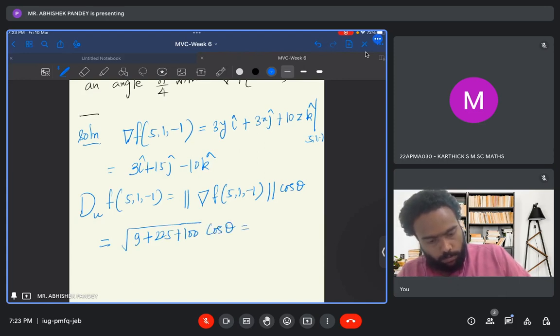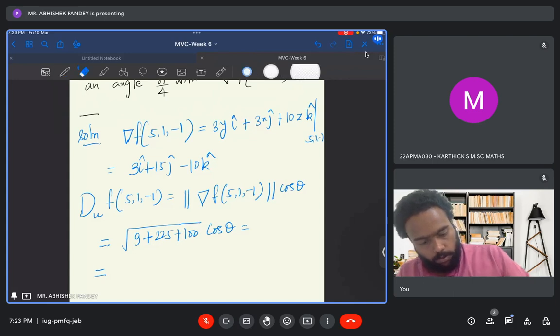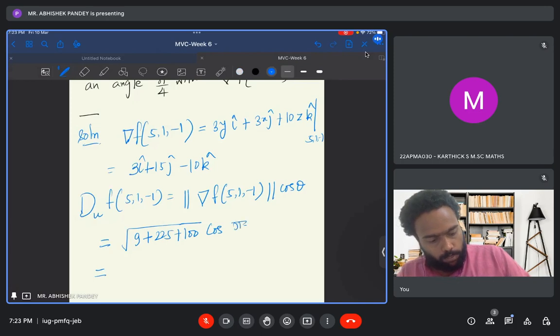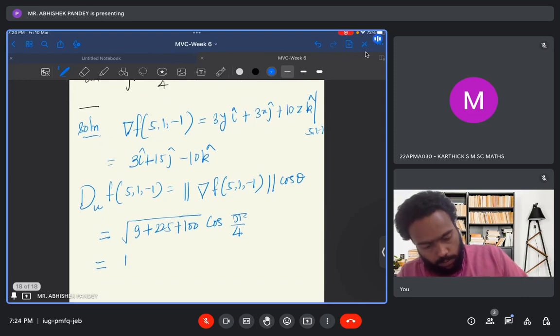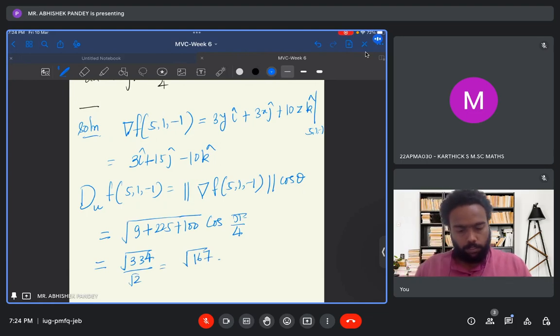Theta is equal to pi by 4, so cos pi by 4 equals 1 by root 2, so this will be root 334 by root 2, which is root over 167. Okay, so this is the answer.